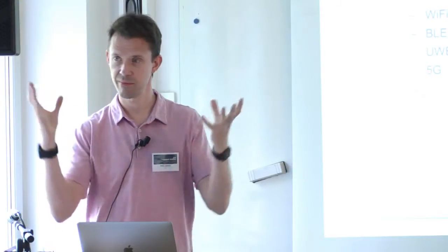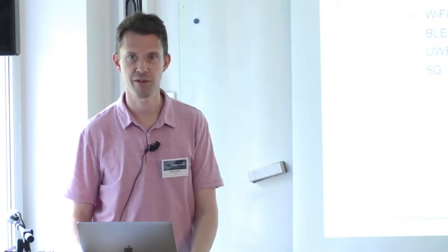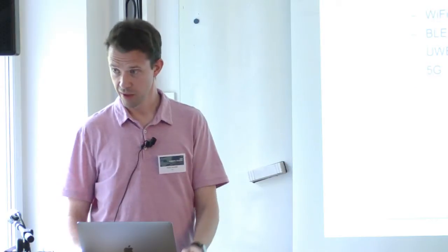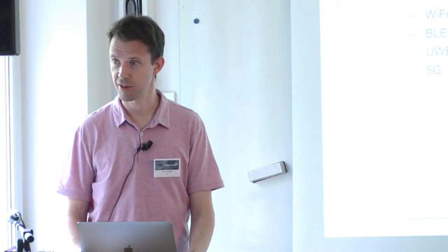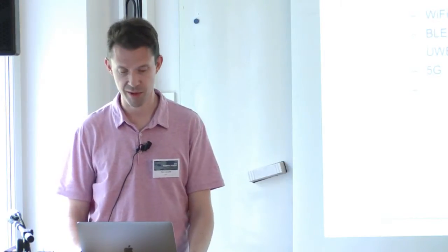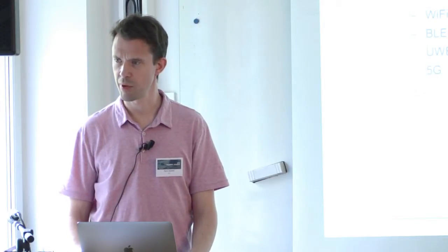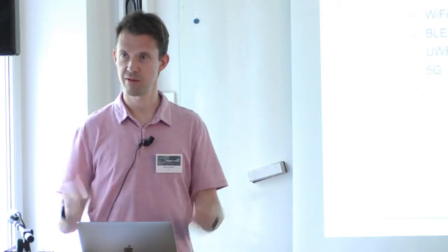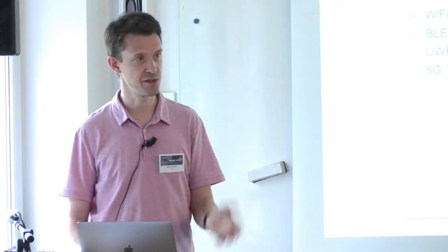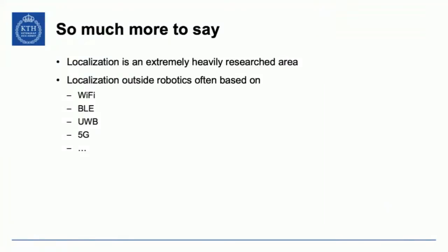In most environments today, there are Wi-Fi access points that we could measure the signal strength to, and then calculate our position based on that. It wouldn't maybe be super accurate, but it's widely available. And in many applications, we don't need super accuracy. We could use Bluetooth in a similar way. We could use ultra-wideband, or we could use 5G that I guess James Gross will tell us more about tomorrow, maybe.